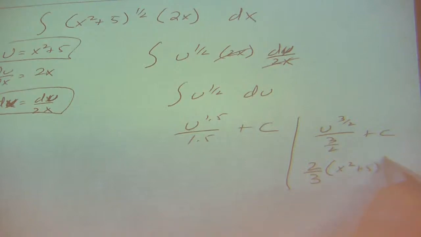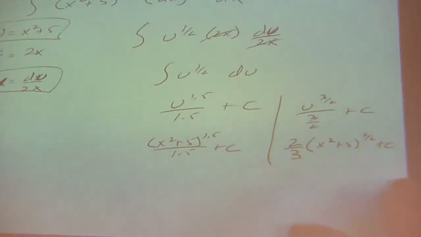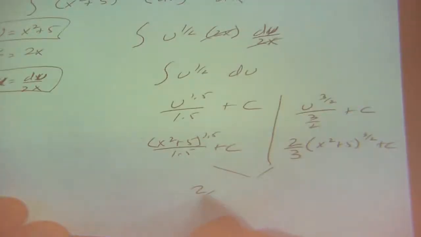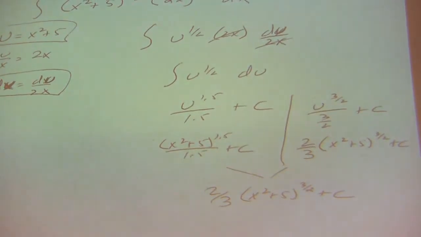Or you can just leave it as (x squared plus 5) to the 1.5 divided by 1.5 plus c. But if you notice, 1 divided by 1.5 still gives you 2/3. However you want to write it. Okay? Questions there.